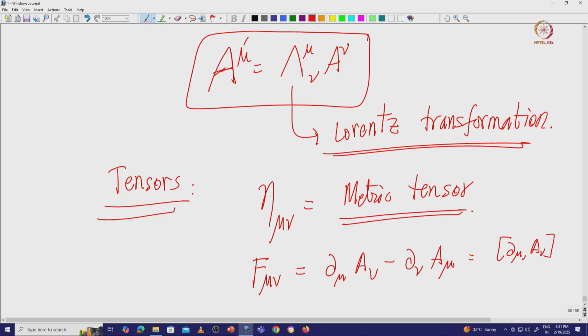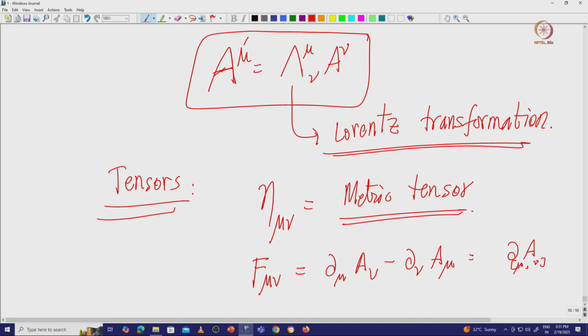This is also written sometimes in this fashion, antisymmetrization in terms of the indices mu and nu essentially.